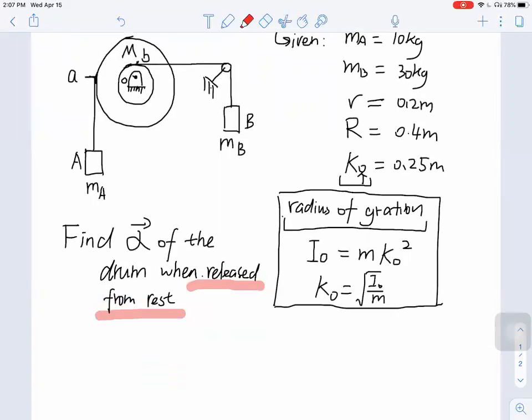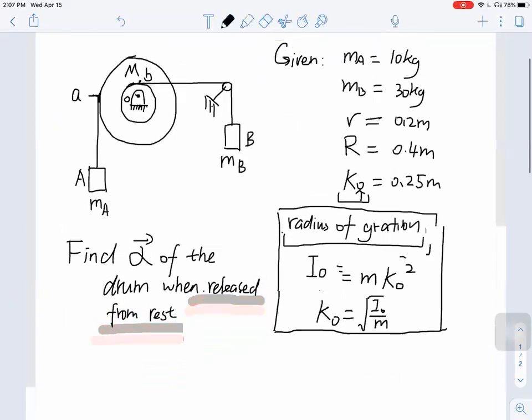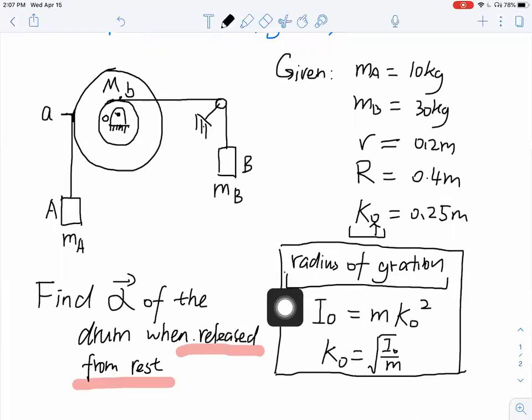Okay, now let's look at this problem. With all the given information, what we're trying to find is alpha. This is a solid, rigid body kinetics problem. How this problem is different from the previous example is that if you count how many masses we have, we have A, we have B, and we also have this disk.